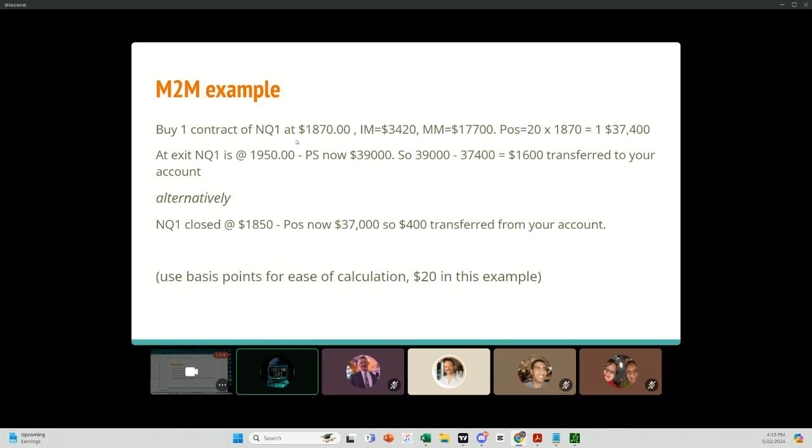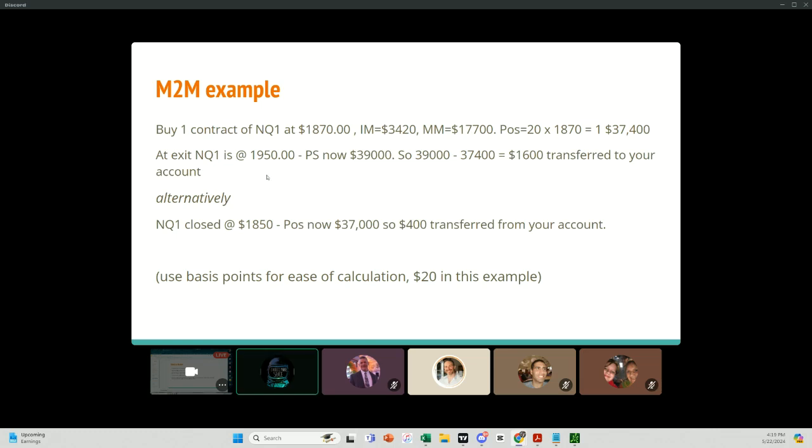When I decide to exit that contract, or even at the end of the day, if it was at 1950, the contract is now valued at $39,000, because 1950 to 1870 is 80 points times 20. So what I would get is $1,600 transferred immediately to my account.